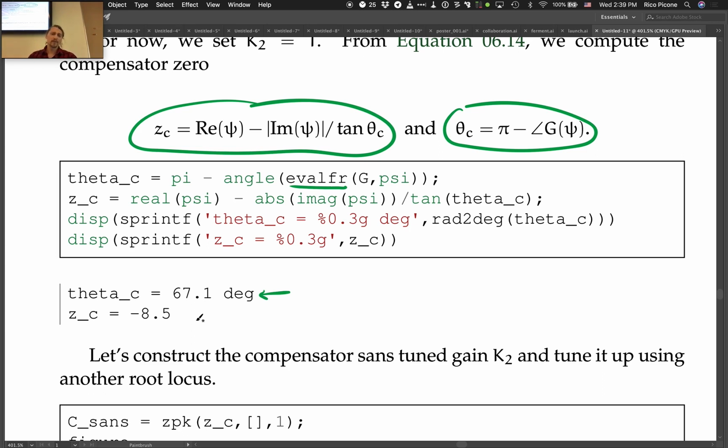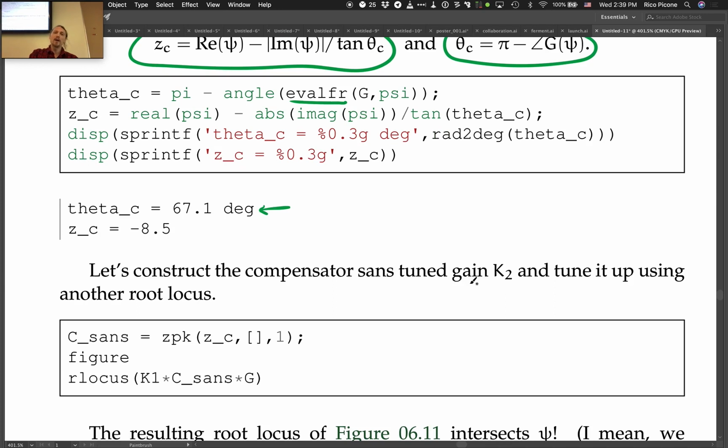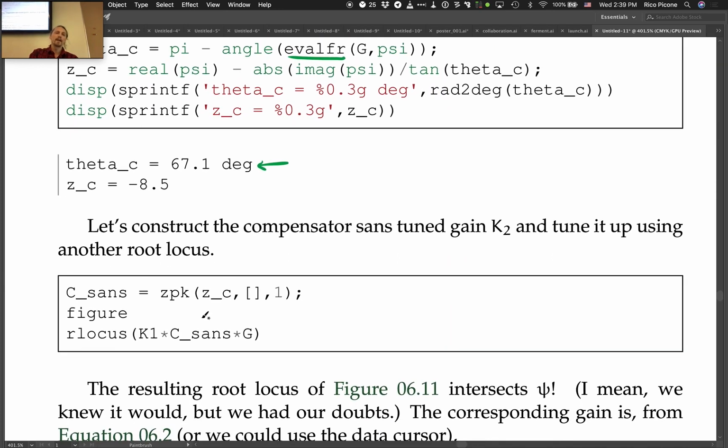Let's construct the compensator sans, or without, tuned gain K2 and tune it up using another root locus. So construct the compensator without the K2 gain in it. In other words, letting K2 equal 1 for now, and then we'll adjust it using the root locus in a moment. So the zero compensator using ZPK, stick the zero in there.